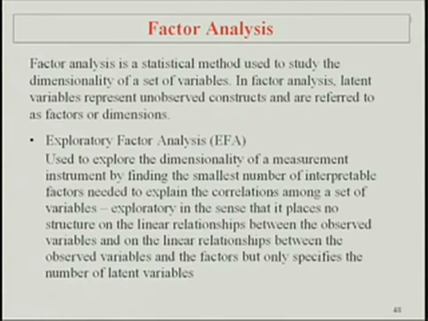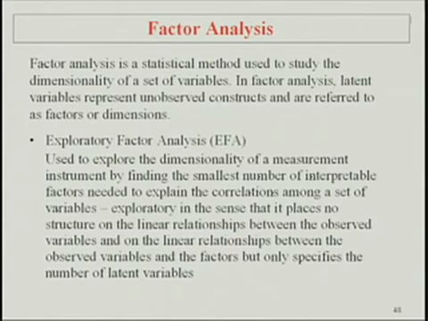The variables here are a measurement instrument, a set of measurement indicators of underlying dimensions. And it's exploratory in the sense that it places no structure on the assumed linear relationships between the observed variables and the factors, but only specifies the number of latent variables.